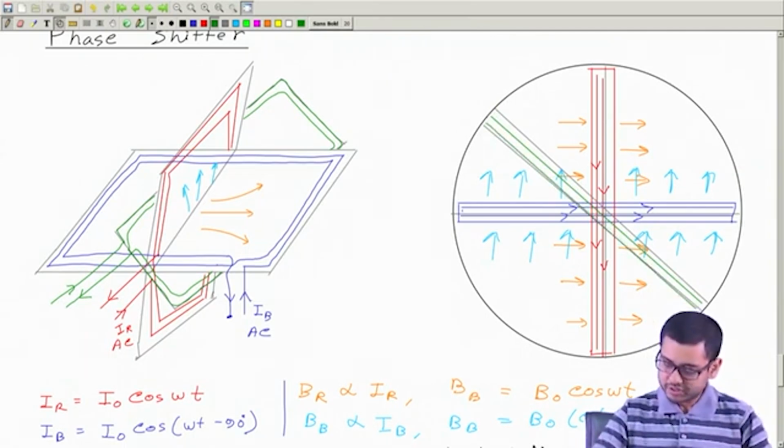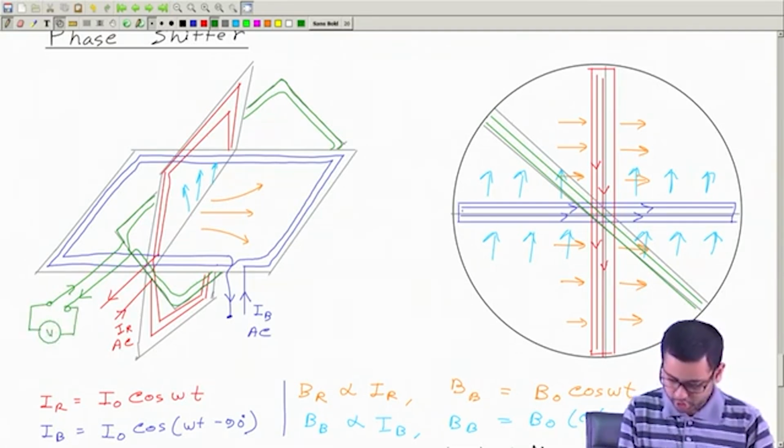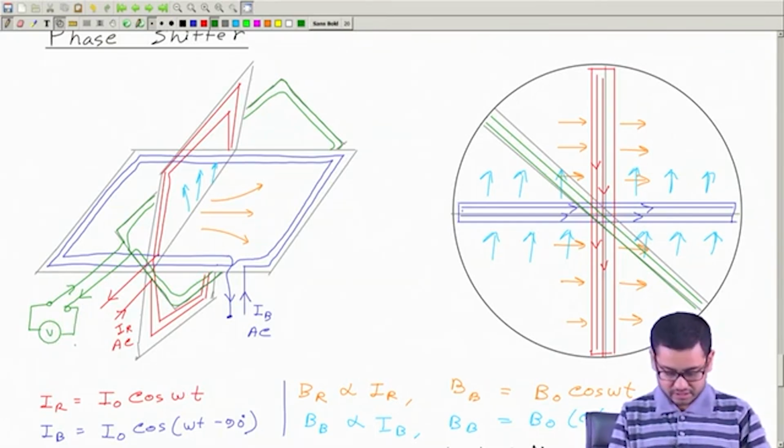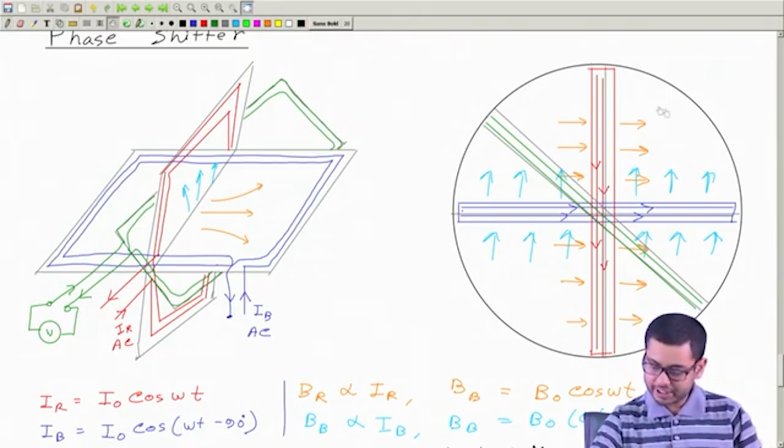Now if I put a voltmeter across this coil, or an oscilloscope, what do we expect? Will there be any voltage? Yes, of course. Why? Because this coil is here and the magnetic field is rotating.